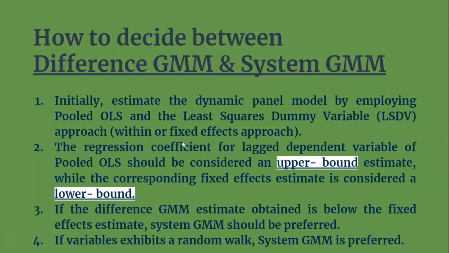If the difference GMM estimate obtained is below the fixed effects estimate, system GMM should be preferred, because the difference GMM estimate is downward biased because of its weak instrumentation. And lastly, if variables exhibit a random walk, system GMM is preferred. So this is the rule of thumb to decide between difference GMM and system GMM.